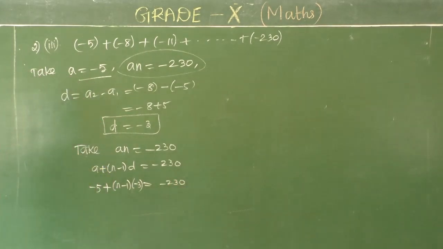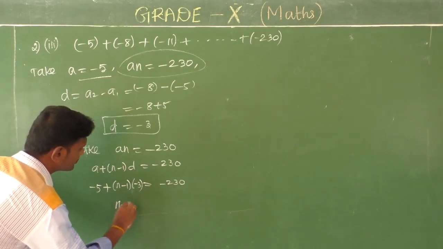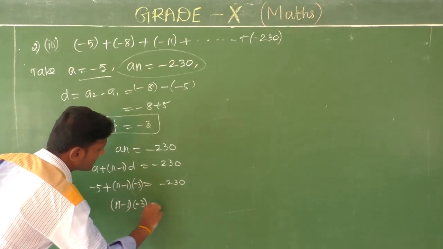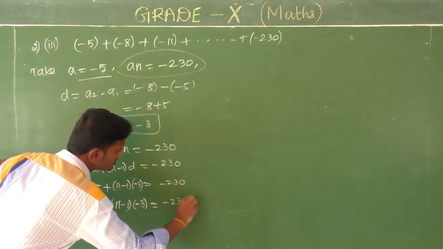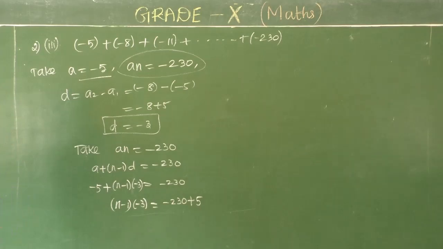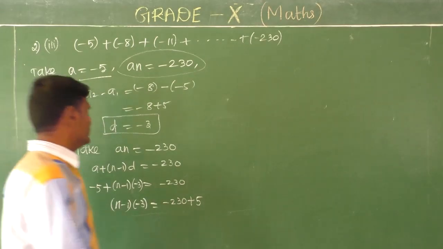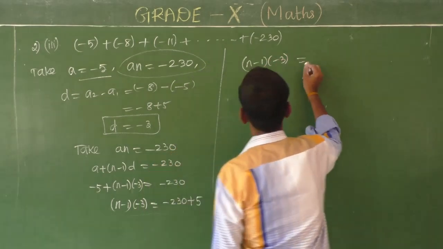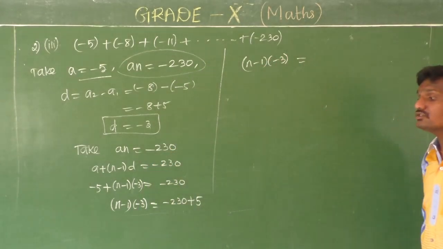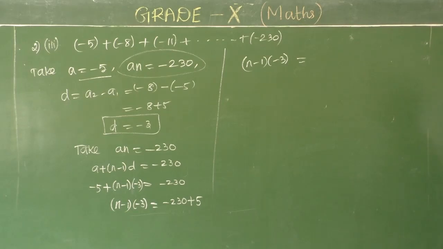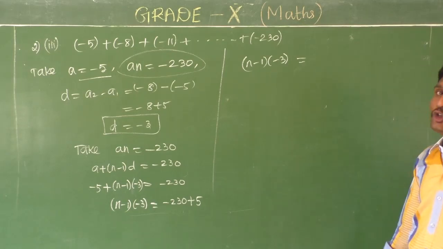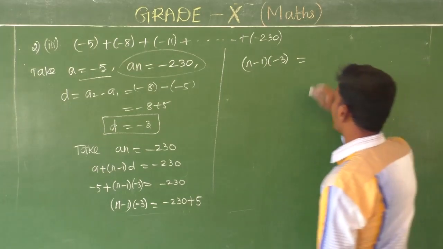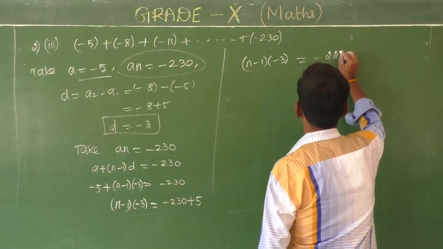Now that minus 5, if you want to send it to the right side, it will come plus 5. And you have on the left side n minus 1 into minus 3, which is equal to minus 230 plus 5. One minus and one plus, you have to subtract the bigger number, so minus 225 will come.